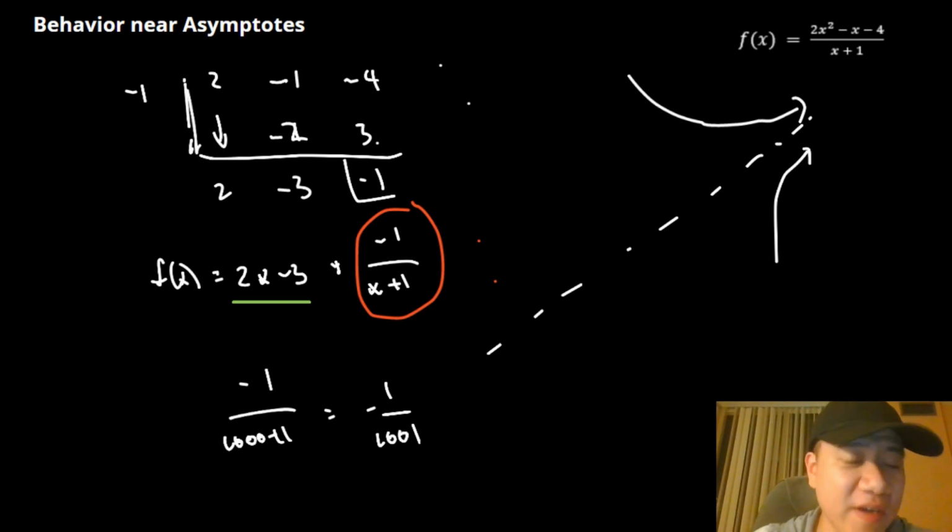So what we get over here is a very small negative number. Since we're adding 2x minus 3 with this very small negative number, we know it's going to be slightly below this line. That means that when x is approaching positive infinity, the function has to come from below the OA.